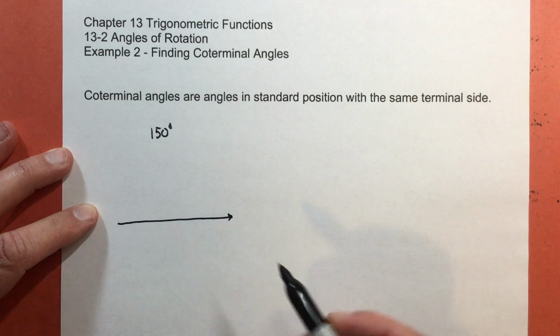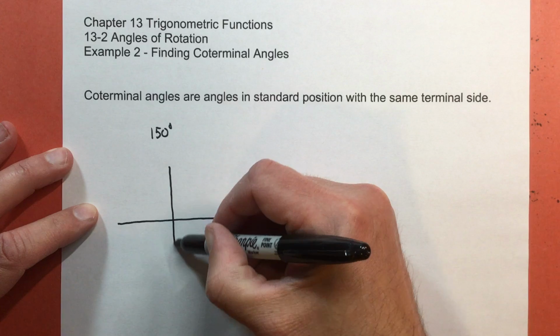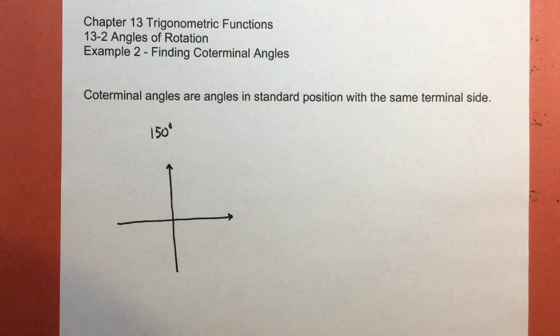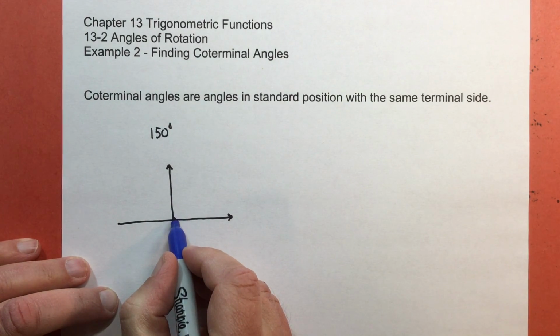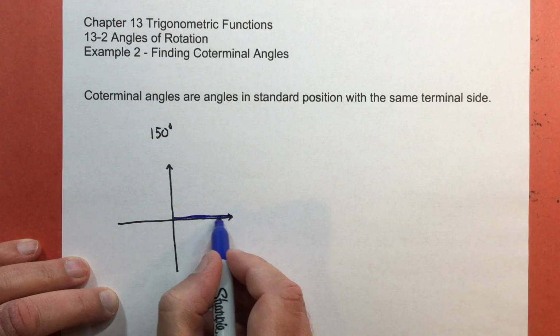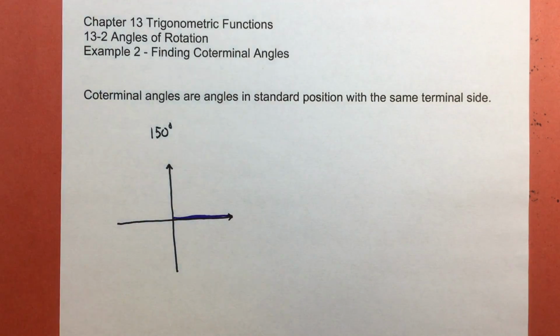Here's my x-axis. Here's my y-axis. I'll start out with the terminal side. It's kind of hard to see, so I'm drawing it right there. And I want to rotate 150 degrees.